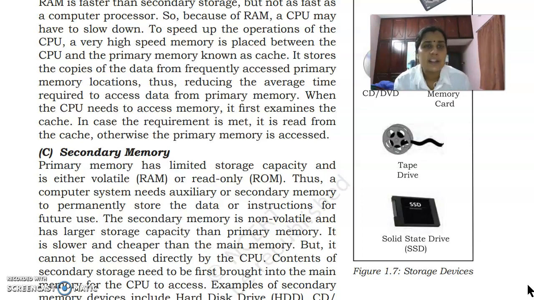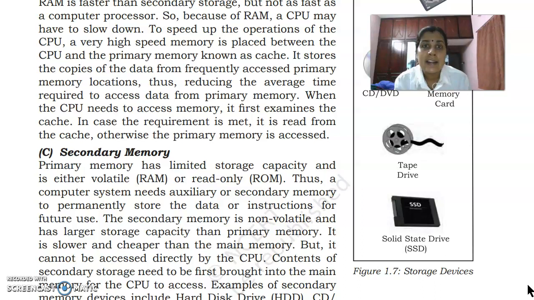Because by using cache memory, a computer can process data easily and fast, but its cost is higher than primary memory. So compared to primary memory, the speed of cache memory is high, and the cost is also high. It is placed in between the CPU and primary memory. That is the second memory, which is known as cache memory.